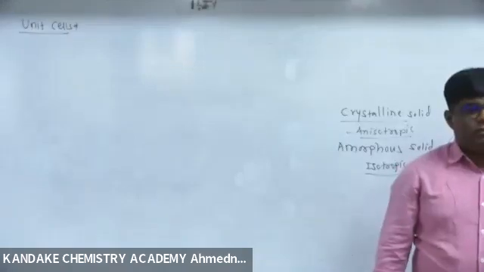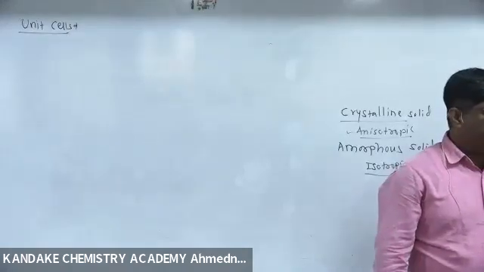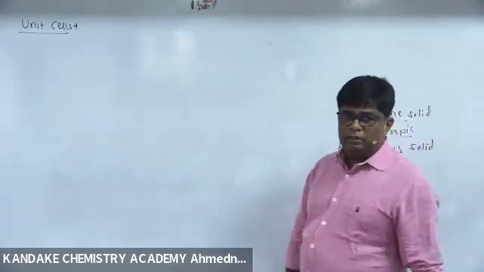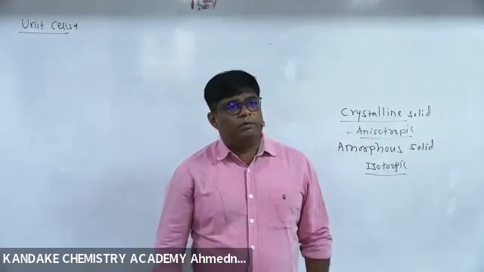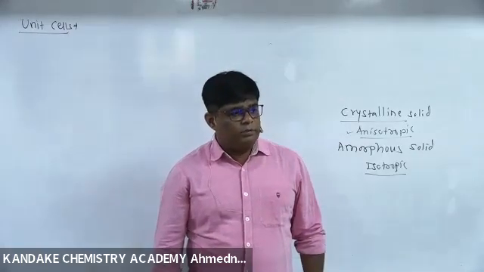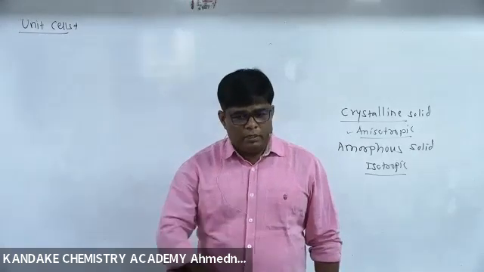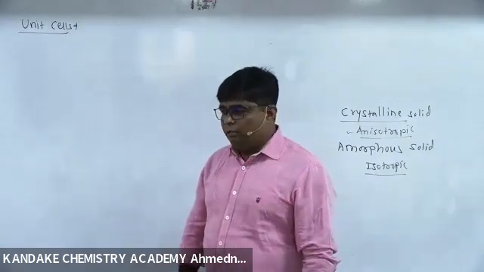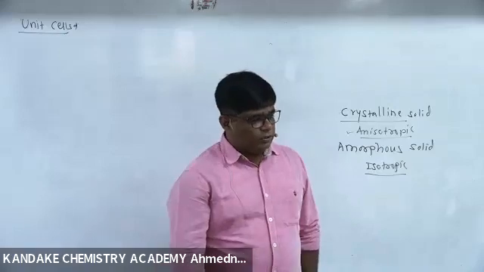Now crystalline solid is that solid in which particles are orderly arranged, while in amorphous solid particles are not orderly arranged. Crystalline solid has a sharp melting point and boiling point, while amorphous solid melts over a certain range of temperature. Then crystalline solid is anisotropic in nature, amorphous solid is isotropic in nature.